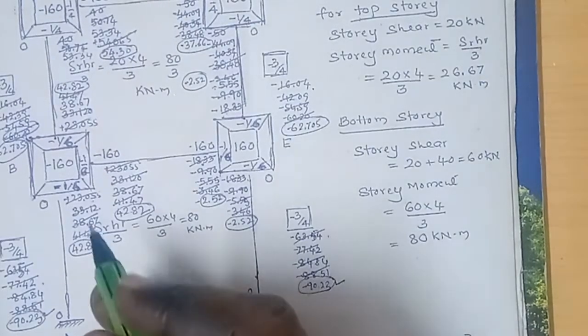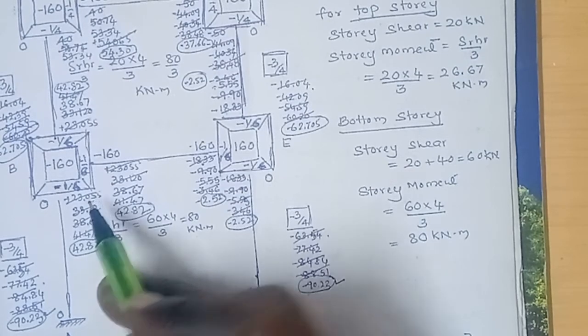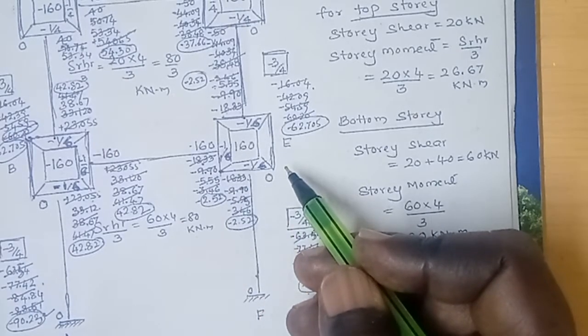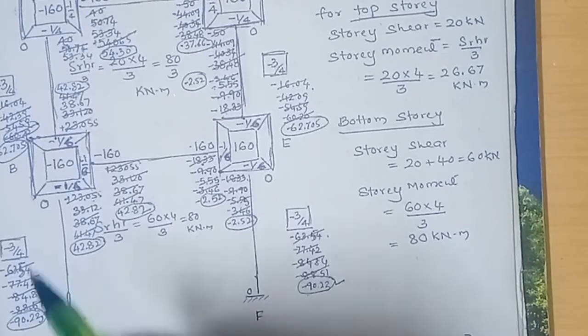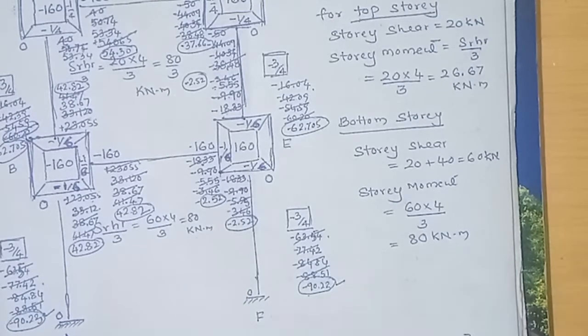From the upper end just now we have calculated 23.055 from B to A, minus 18.33 from E to F. Then after simplification here you will get minus 63.54, that we have to write here. Similarly for the other column in the lower story, that is minus 63.54, that we have to write here below this displacement contribution.